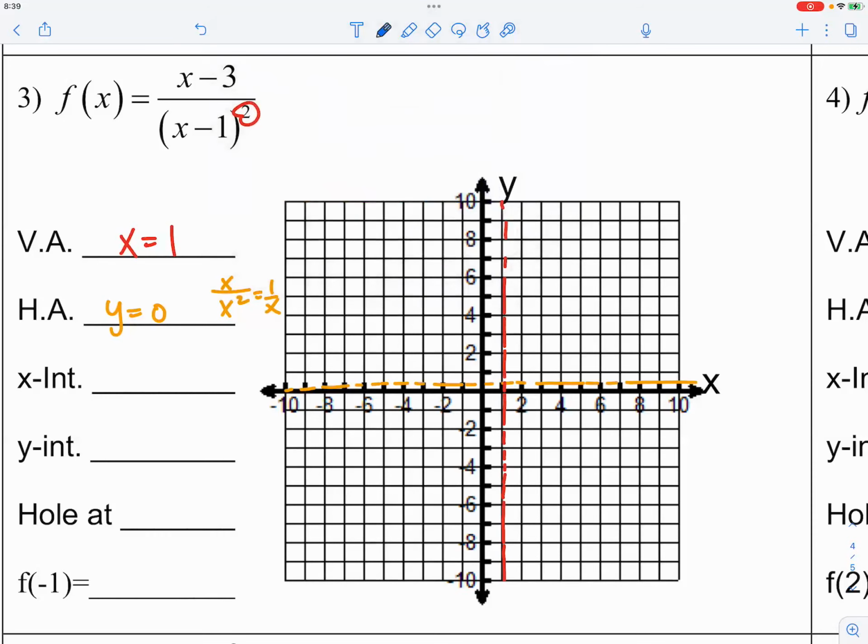All right, do we have any x-intercept? Yes, because when the fraction equals 0, that means the numerator will equal 0. So x is equal to 3.